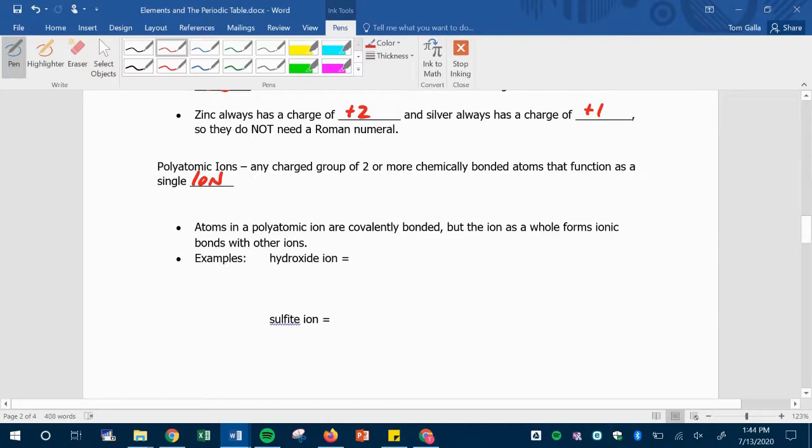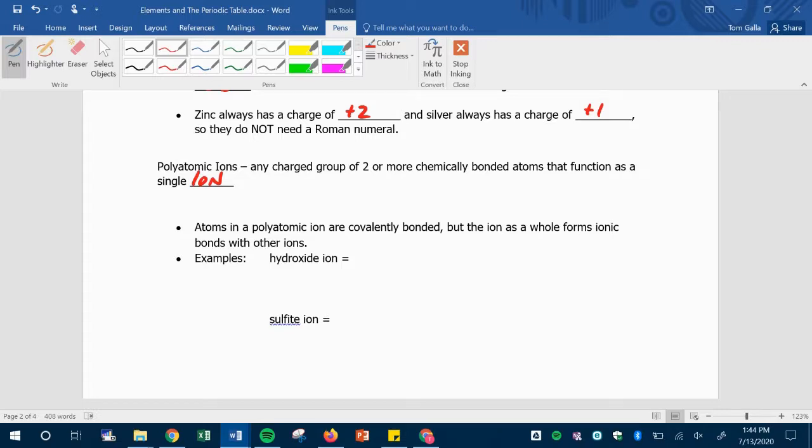And so the atoms in polyatomic ions are covalently bonded, but the ion as a whole forms ionic bonds with other ions, meaning that as they're forming these ionic bonds, it operates like a regular metal and a nonmetal, like we talked about earlier with our ions.